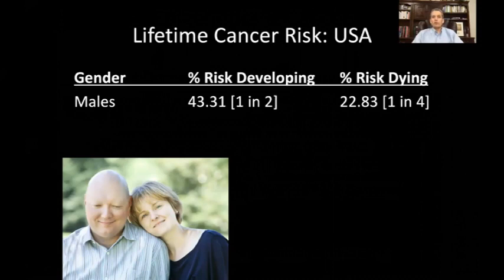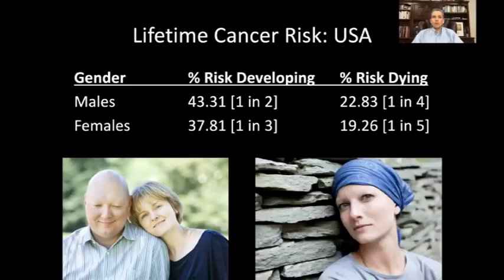So men are going to develop cancer much more often than women are from a lifetime standpoint. Risk of developing it is 43, and risk of dying from it is 22%. Females are going to be less. They're about 37, almost 38% risk of developing it during their lifetime, and about 19% risk of dying from it in their lifetime.